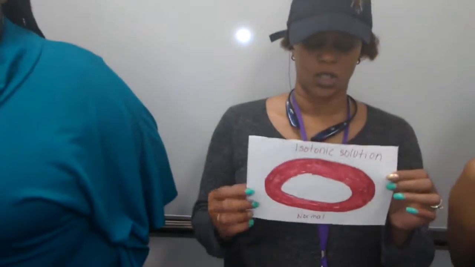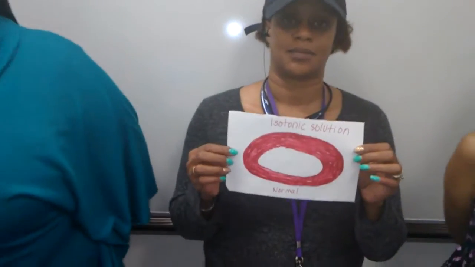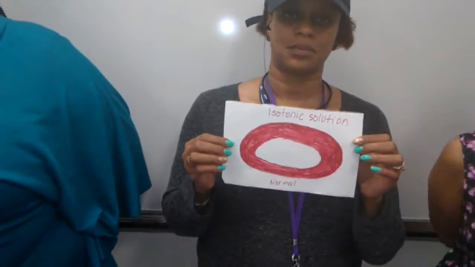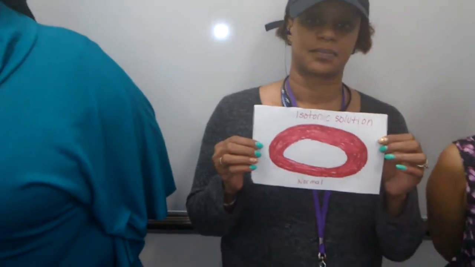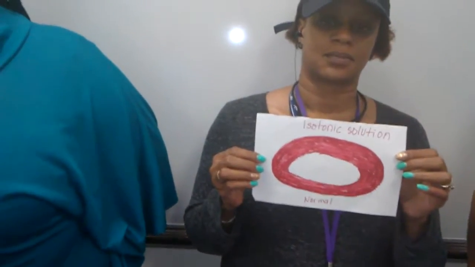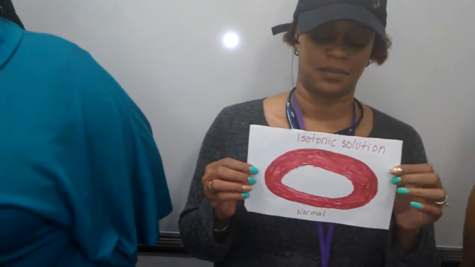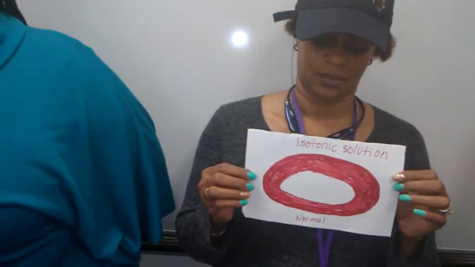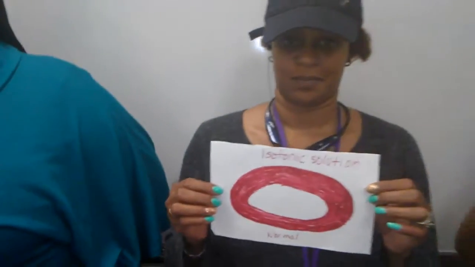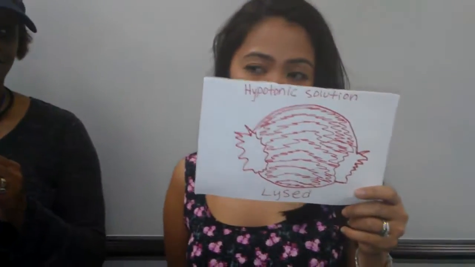Next, we will talk about isotonic solution. If a cell without a cell wall, such as an animal cell, is immersed in an environment that is isotonic to the cell, there will be no net movement of water across the plasma membrane. And next, we will start to talk about hypotonic solution.